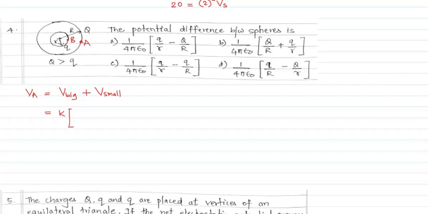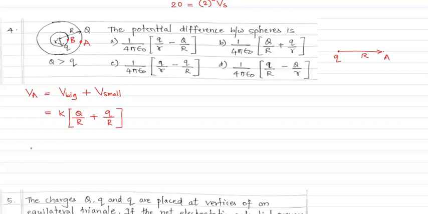For the bigger sphere, A is on the surface, so you will have 1 by 4 pi epsilon naught Q by R, plus, for the smaller sphere, A is outside the sphere, so the distance is R but the charge is small q. You can think like this: this is q, here point A is there, so this distance is R. So you will have 1 by 4 pi epsilon naught small q by capital R. This is the potential at A.